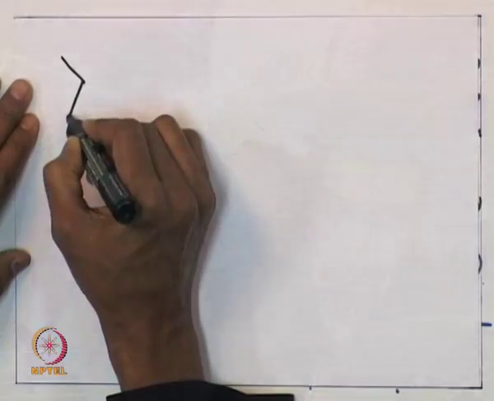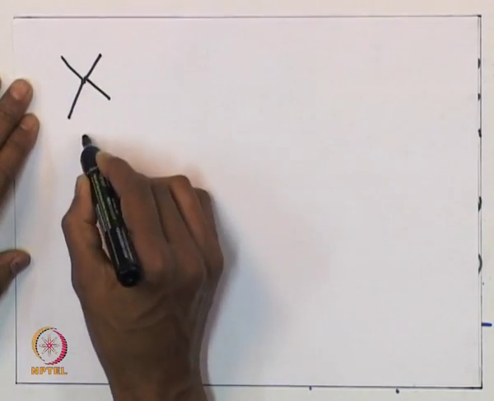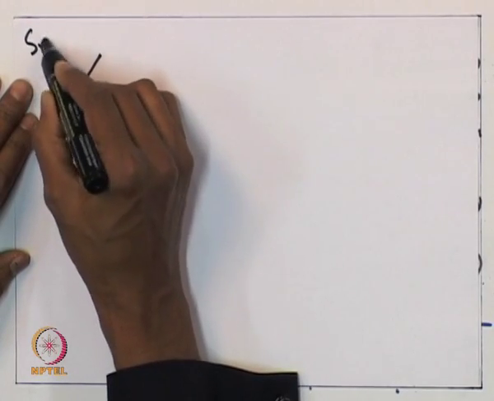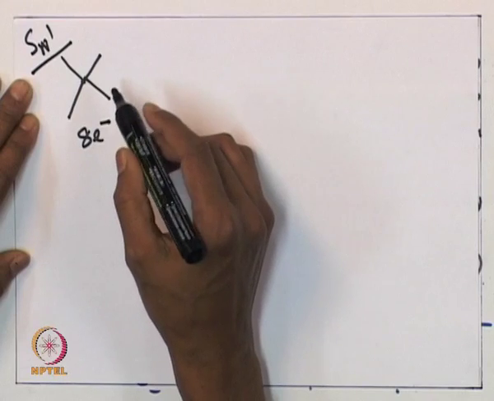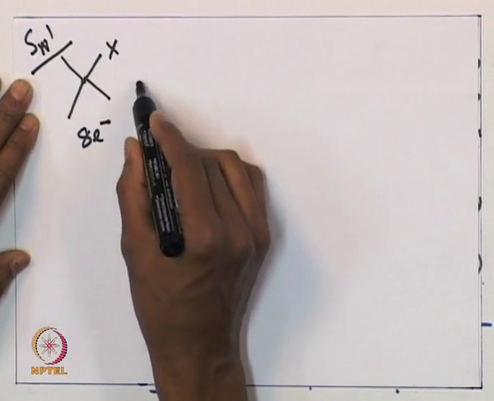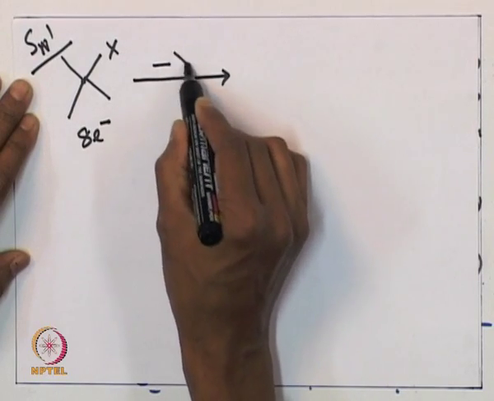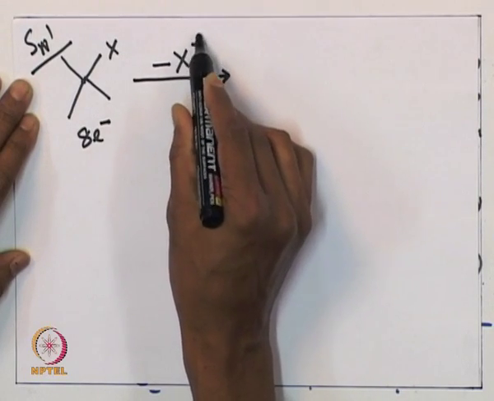Well, before that, I think it is better if we try to give you a real life example or a more familiar example for the 16 and 18 electron complex. Now, all of you are familiar with 8 electron species, right. So, if you are talking about the SN1 reaction, this 8 electron species, an organic compound, leaves the X minus.